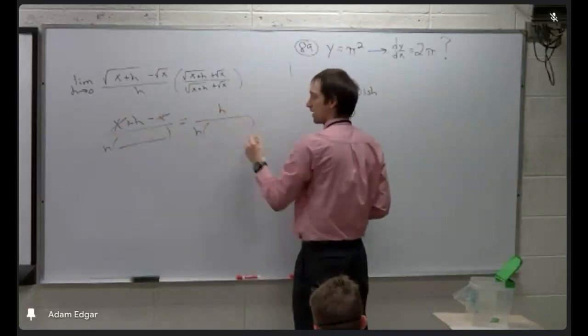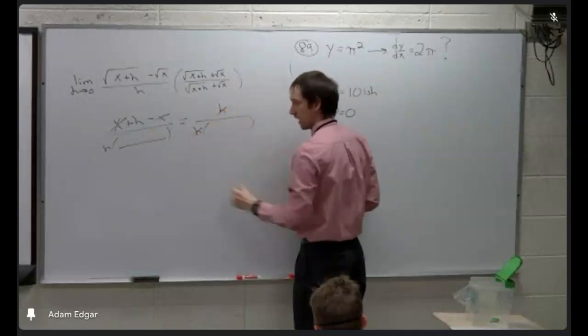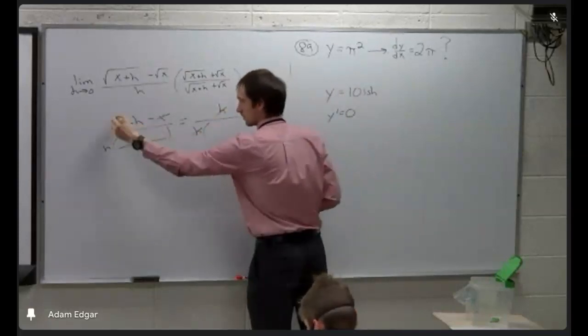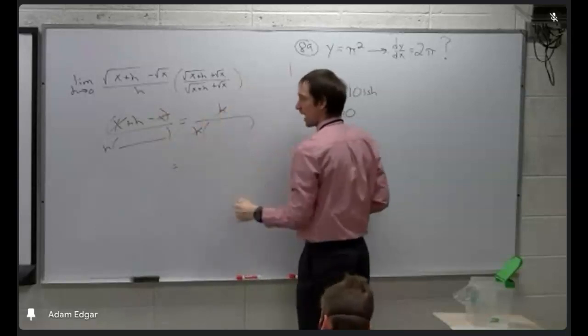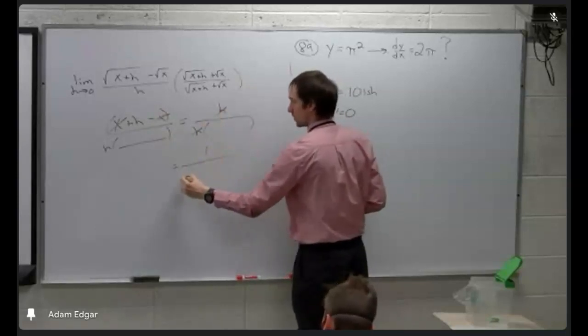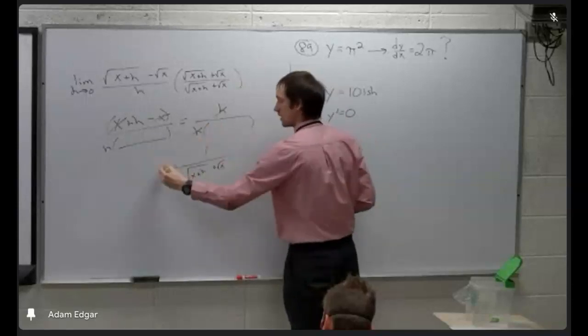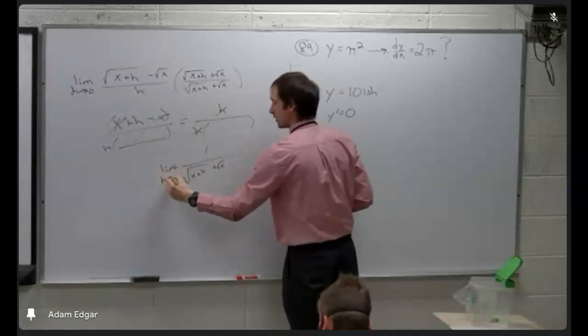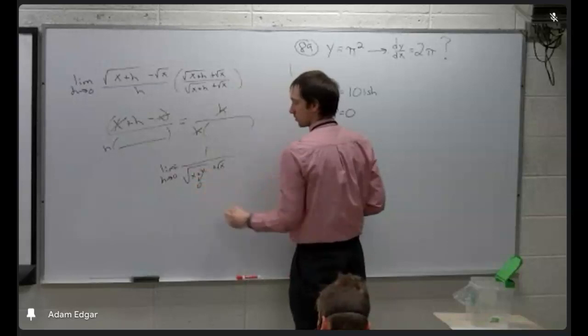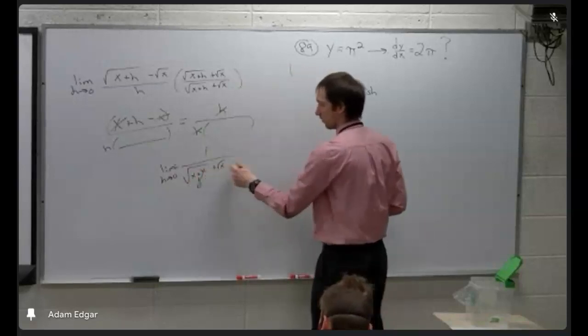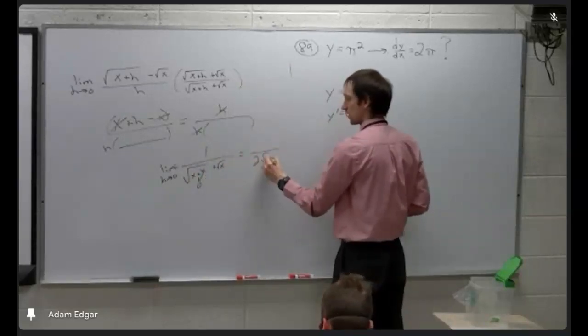Then as a separate step, the h's cancel out, because stuff in parentheses happens before you divide. You have 1 over the conjugate. Now you can take your limit and have h approach 0. H goes to 0, and what's root x plus another root x? 2 root x. So there you go.